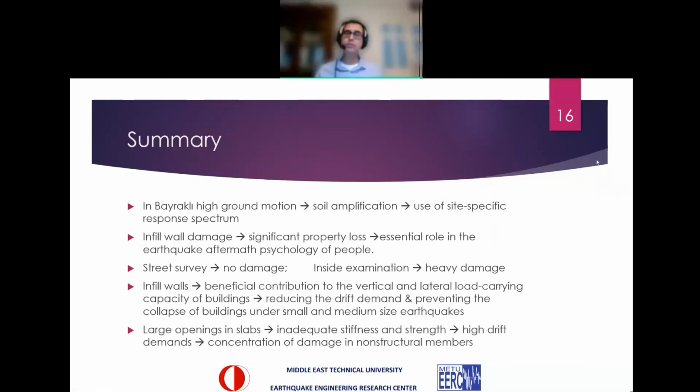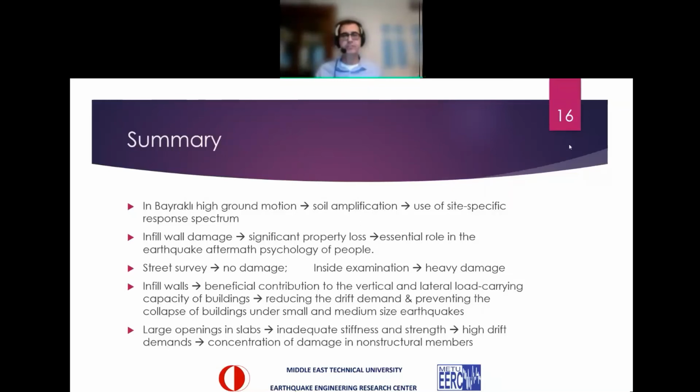If I should summarize also the different outcomes already very well presented in the former presentation, there's a soil amplification and a basin effect in Bayraklı. Therefore, it should be considered.